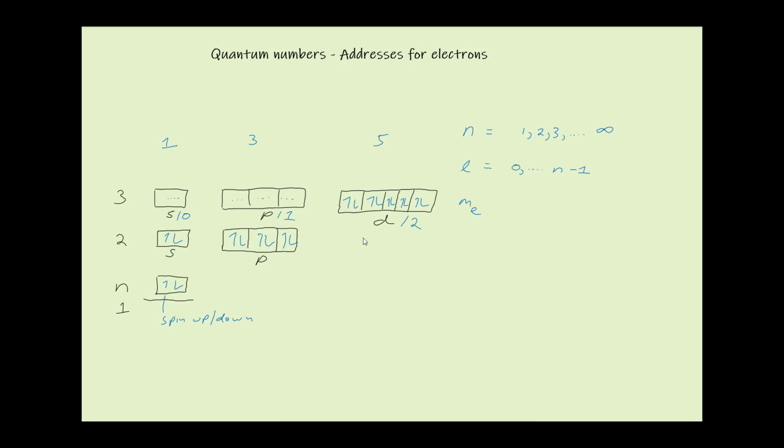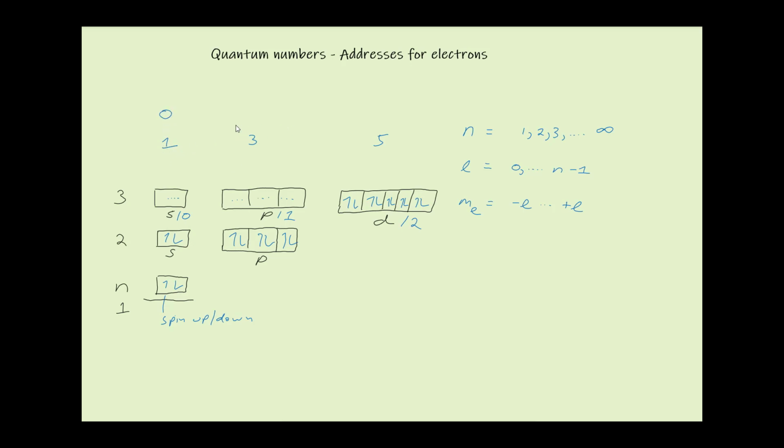One way we can indicate this, especially with the way we've numbered the houses 0, 1, and 2, is that we can say the rooms go from minus L all the way up to positive L. Let me show you what this means. If L is 0, then negative 0 to 0 can only be 0.